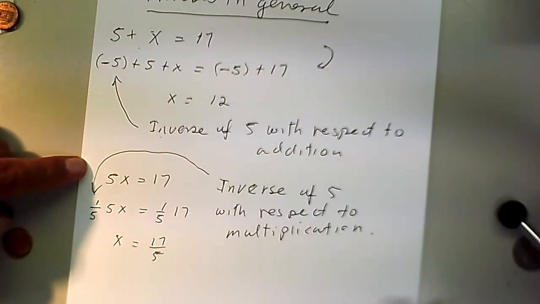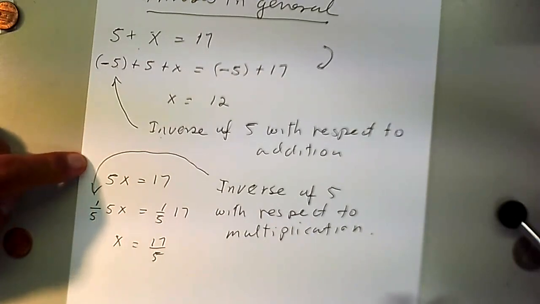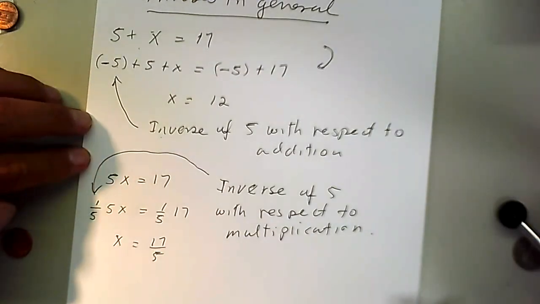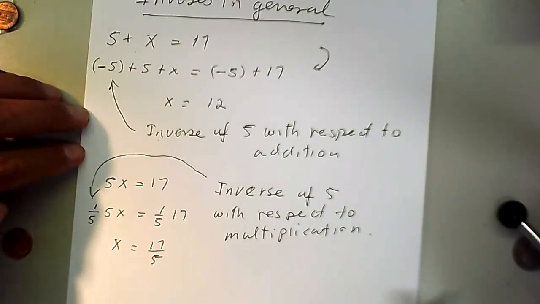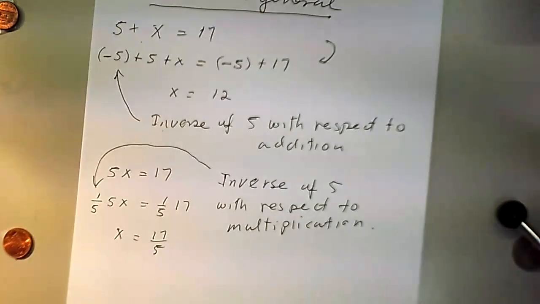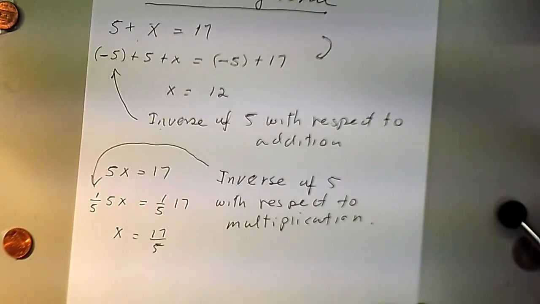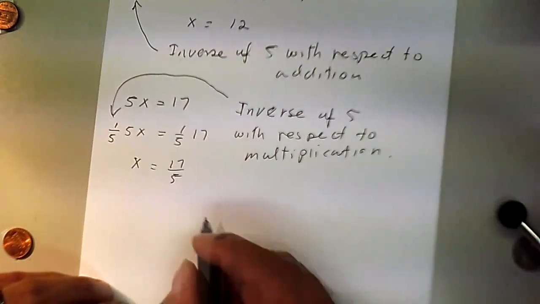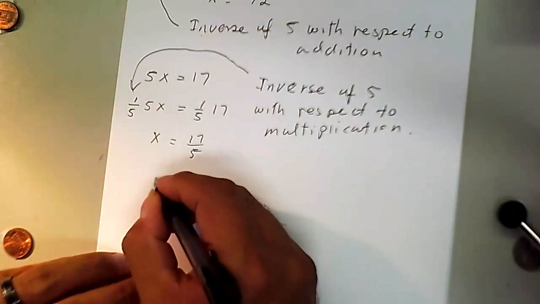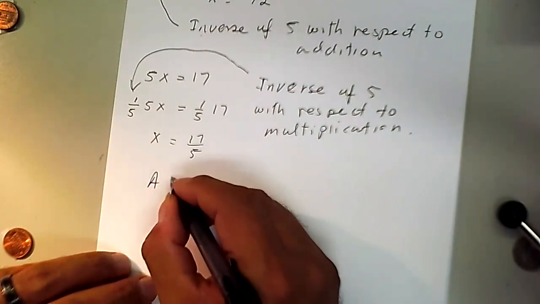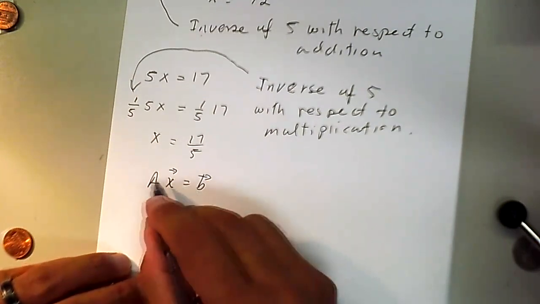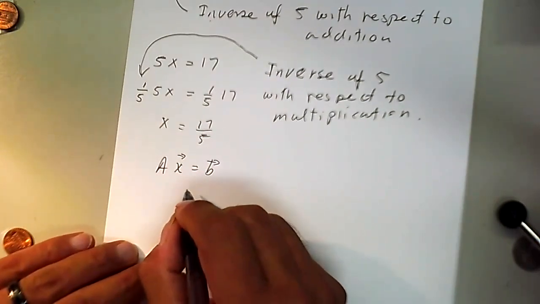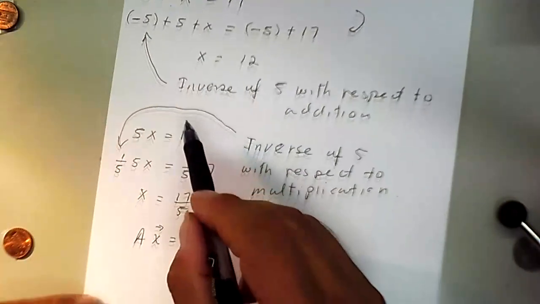There's a much more formal, better way to state it. But the informal way is to figure out what an inverse is by figuring out how to solve an equation. So when we have a matrix A multiplied with a vector x, giving us another vector b, and we want to solve for x, we can do the same thing.